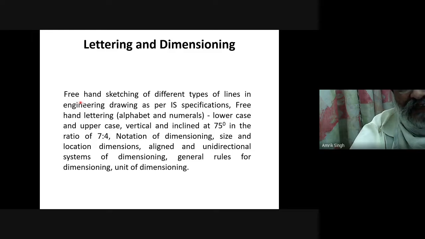So, freehand sketch of different types of lines in engineering drawing are there. There are lowercase letters and there are uppercase letters.